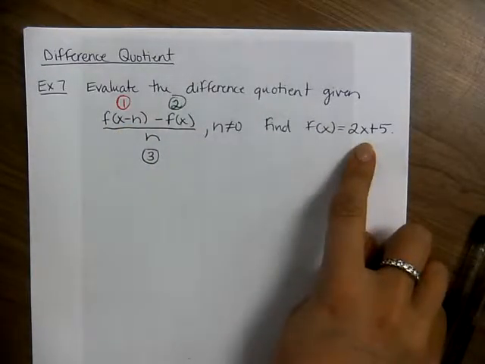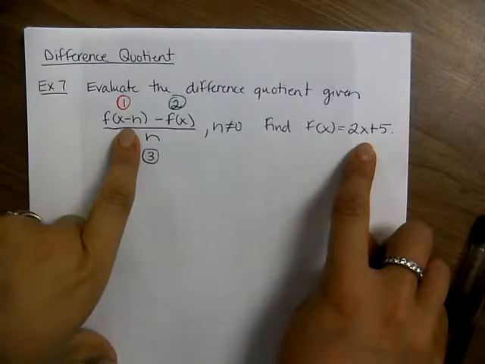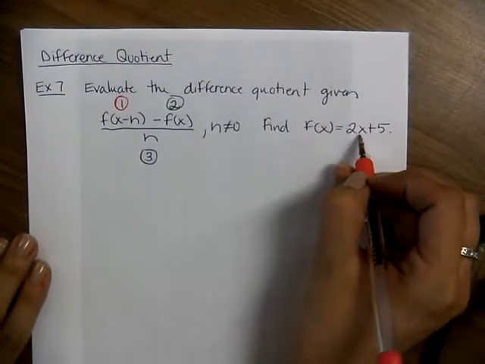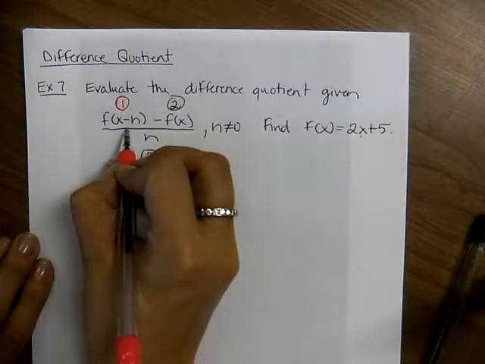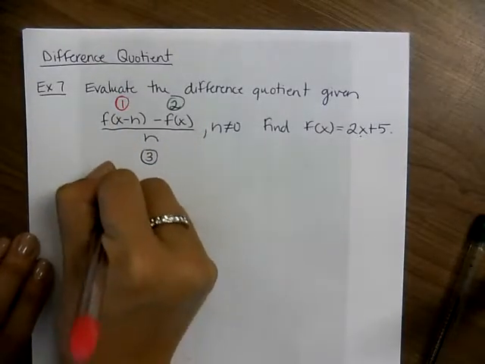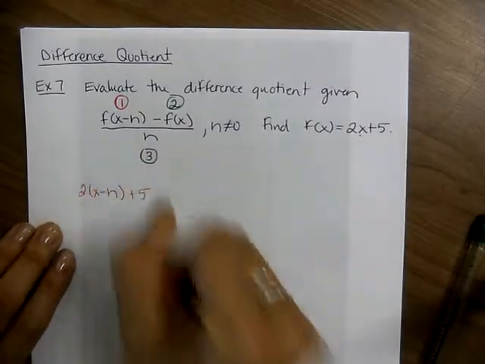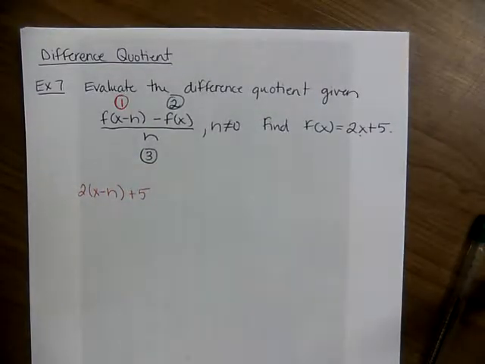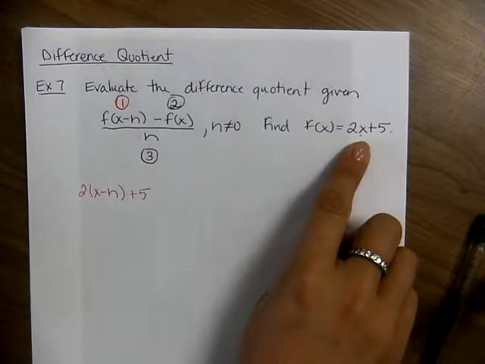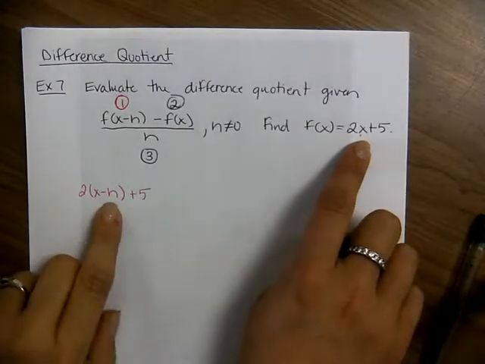So everywhere I see an x, I plug in x minus h. So that's the first step. I'm going to take this x and change it to an x minus h. So I have 2 times x minus h for my first step plus 5. Look what I did there. I took the x minus h and I substituted it in to f of x. So you're going into f of x. Do you understand why I did this?